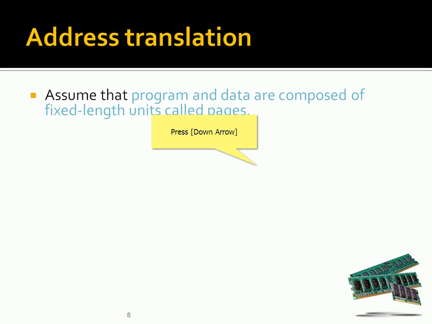A program is like a notebook, and a notebook contains several pages. Similarly, if you call a program an entire notebook, it contains pages, which hold information, that is, data and instructions, and these have fixed length units, right?